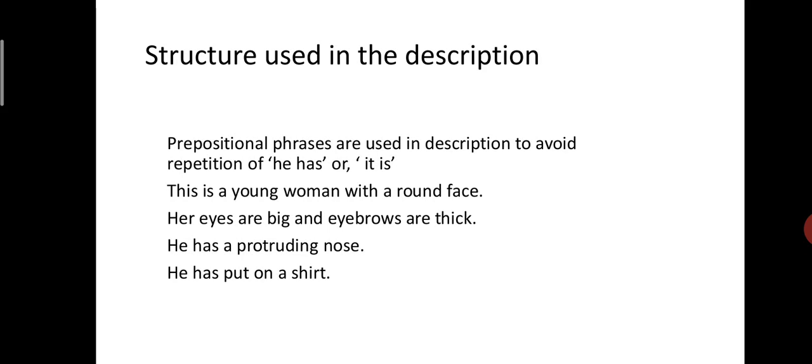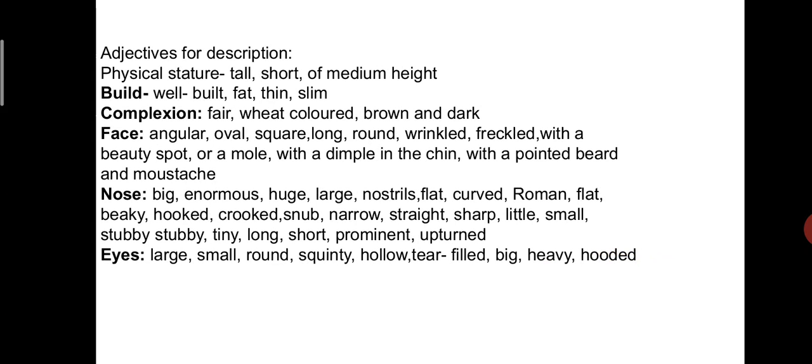Instead of repeating young woman, here it is her eyes. Of her, the prepositional phrase is used. He has a protruding nose and he has put on a shirt. See, instead of the particular noun, you are going to use the prepositional phrases and pronouns for the description and avoid the repetitions.